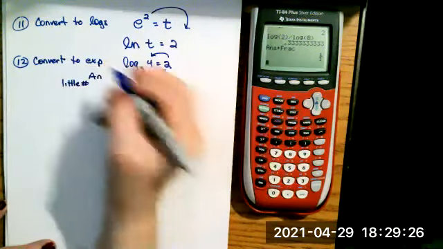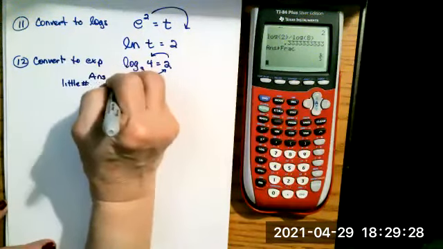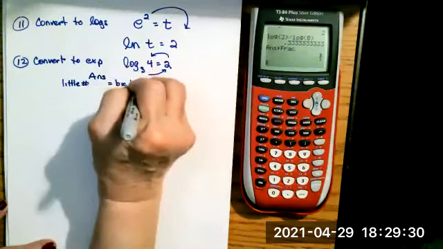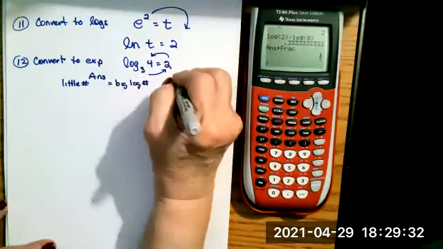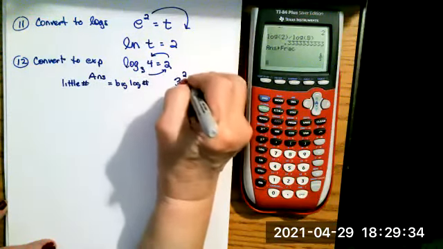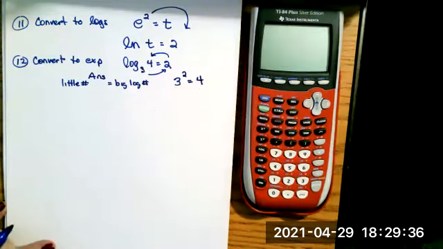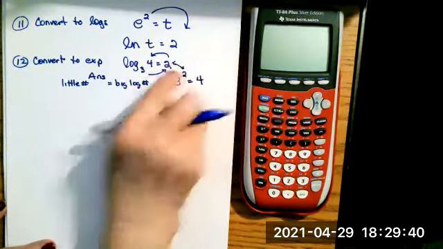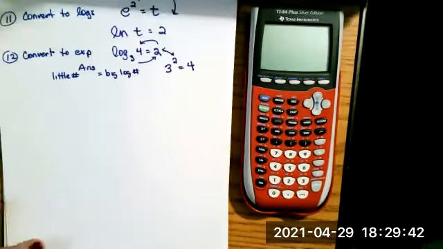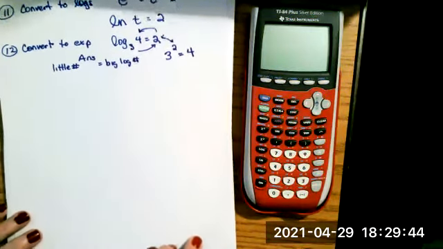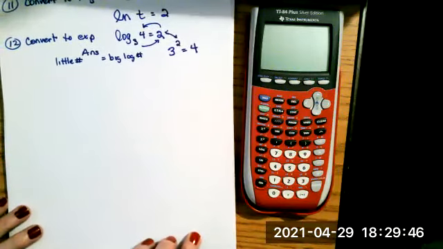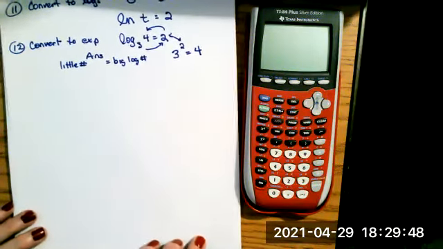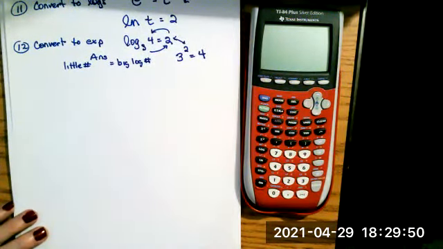Okay. Little number to the answer equals the big log number. Remember that 2 is going to be there on the end of that log because that's the exponent. And your base is 3. So the only one you really have to worry about is that 4.